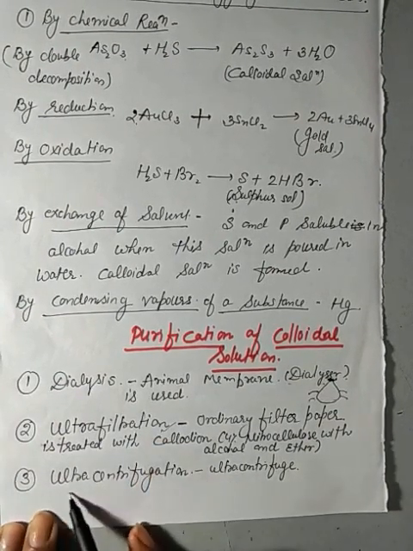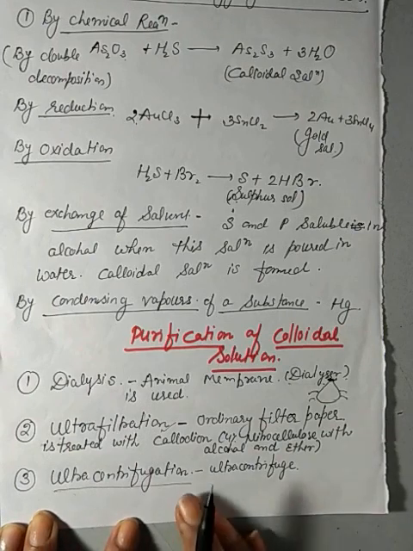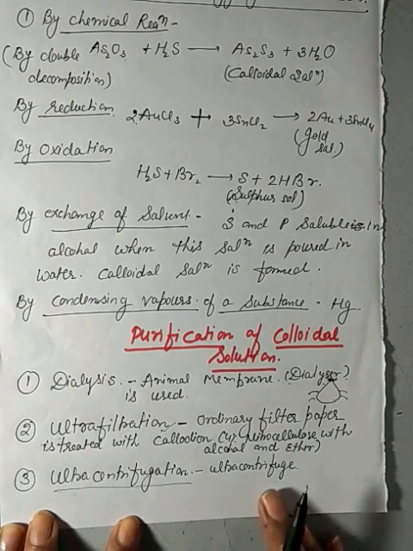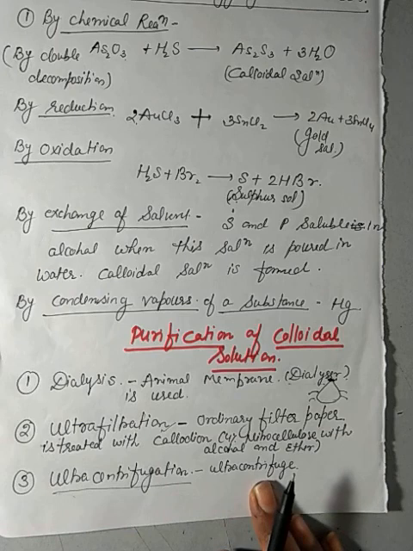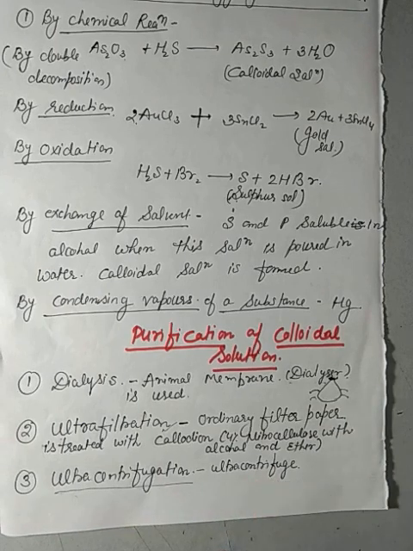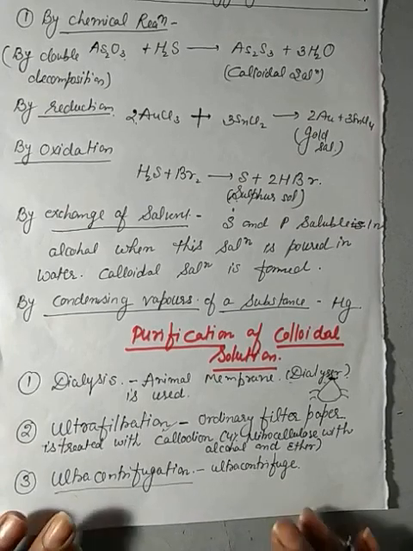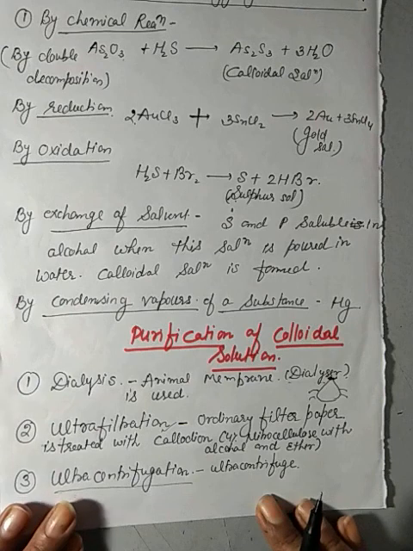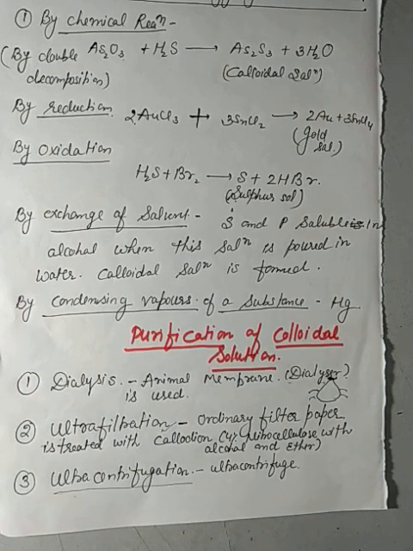Next is called ultracentrifugation. For this purpose, we use an apparatus which is called ultracentrifuge. It is the method in which the impure sol is taken in a tube which is placed in the ultracentrifuge. It is a machine in which these tubes are rotated at very high speed.